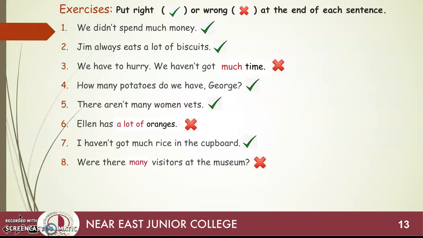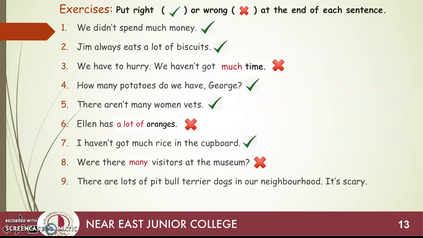So the correct answer is, were there many visitors at the museum? Number 9. There are lots of pit bull terrier dogs in our neighborhood. It's scary. Is it right or wrong? Yes, the sentence is correct.